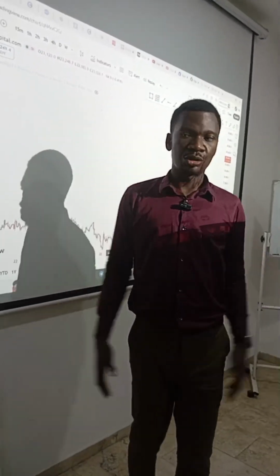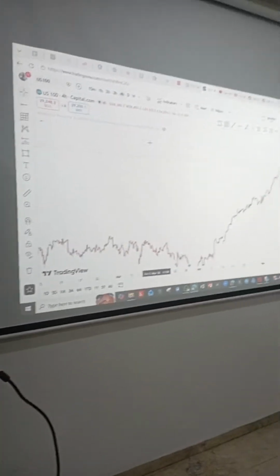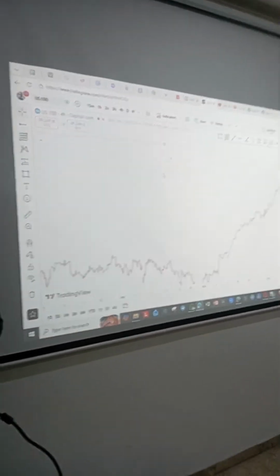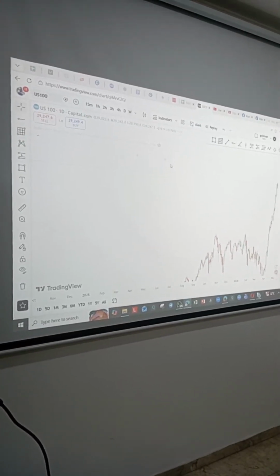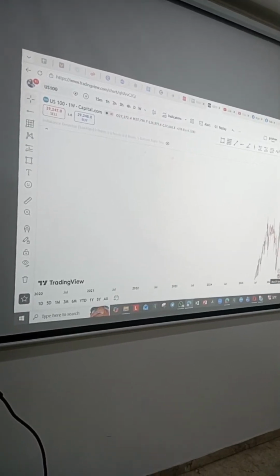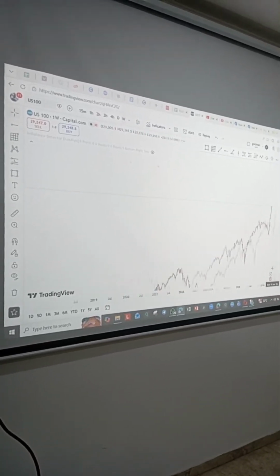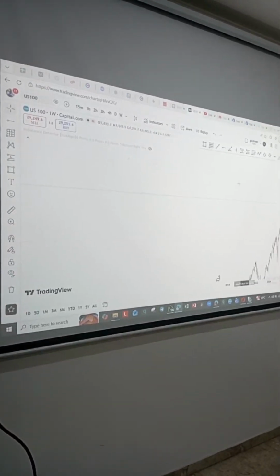So US 100, let's look at it. Let's look at a weekly time frame first. On the weekly time frame, this market has been going up. I think it has even made an all-time high. I don't see any price action that the market wants to respect at the moment.